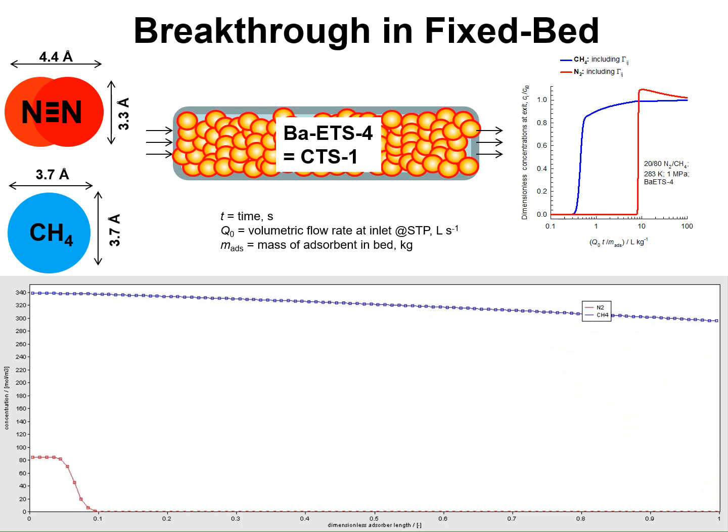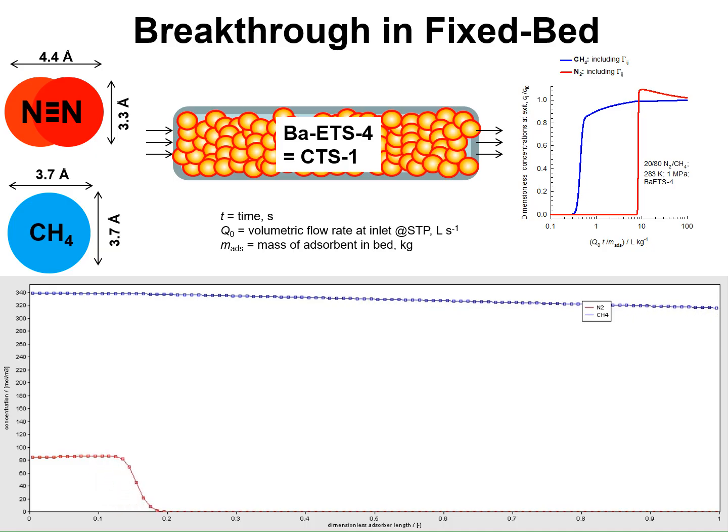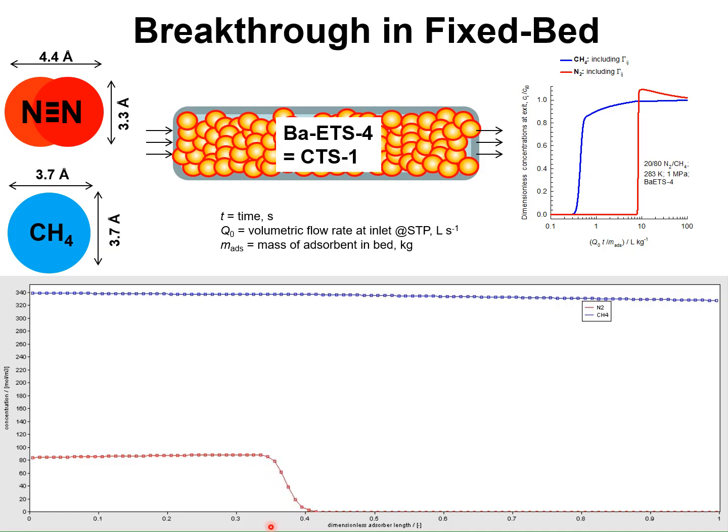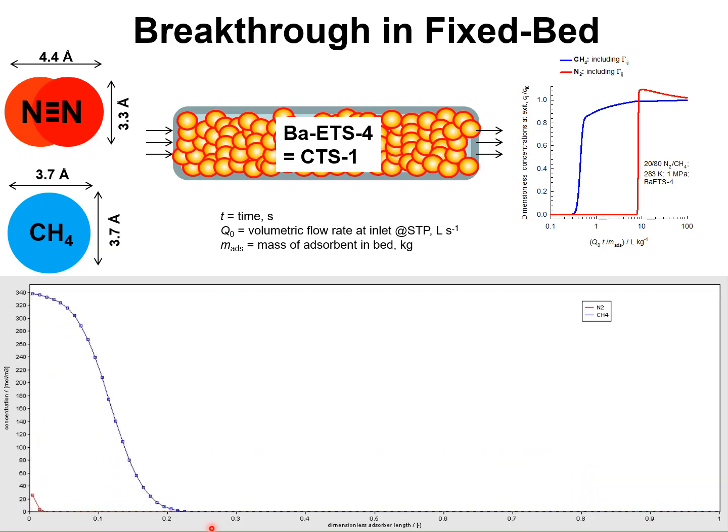These concentration fronts, as they traverse the column, are much slower for nitrogen because nitrogen is preferentially taken up within the pores due to diffusion selectivities. Nitrogen elutes the bed later than methane.